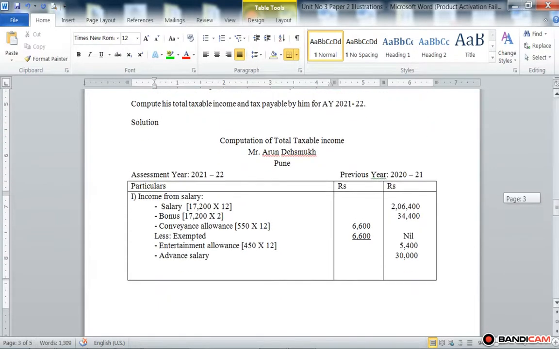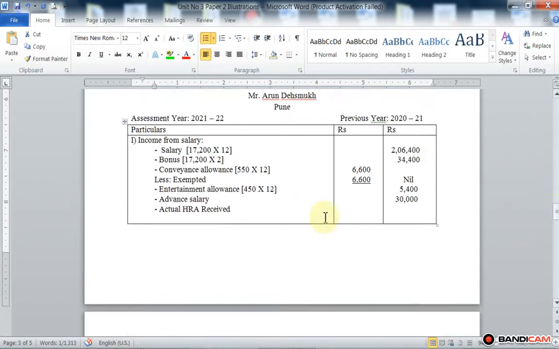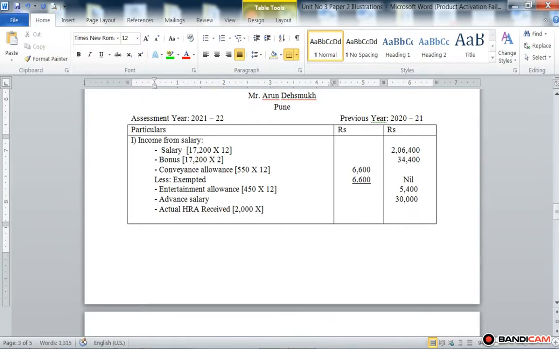Then next, HRA. Okay, so actually HRA received from employer is 2,000 per month. So 2,000 multiplied by 12, in amounting column it is 24,000 in inner column. Okay, because we need to prepare a working note of exempted HRA.